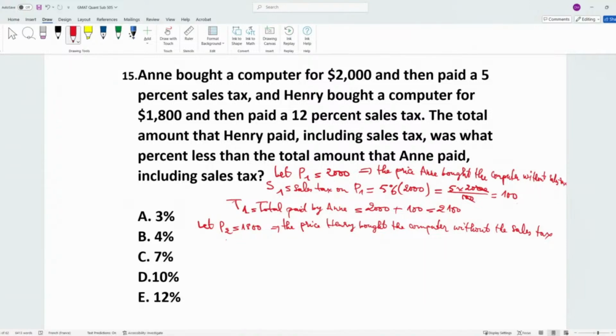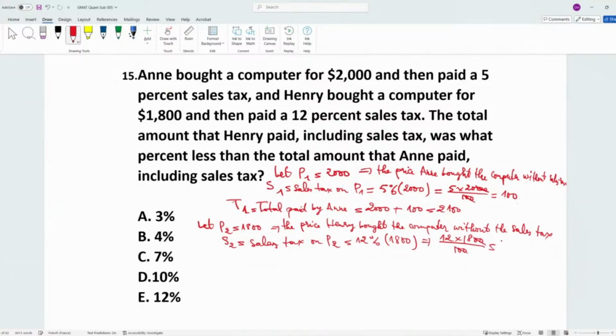And then we can get the sales tax, S2, which is the sales tax on P2, which is 12% of 1,800. And this will lead us to 12 times 1,800 divided by 100.